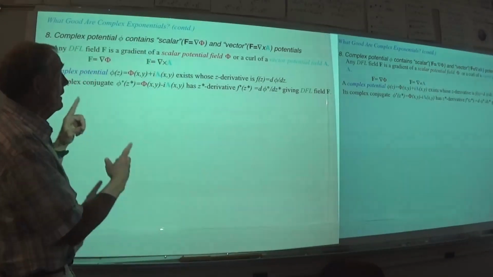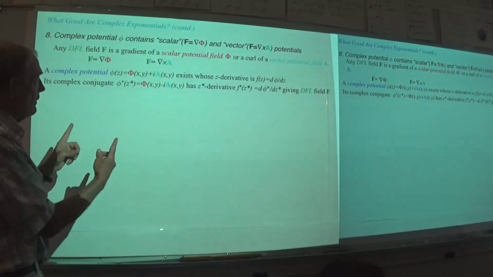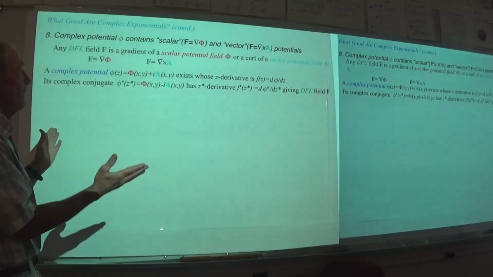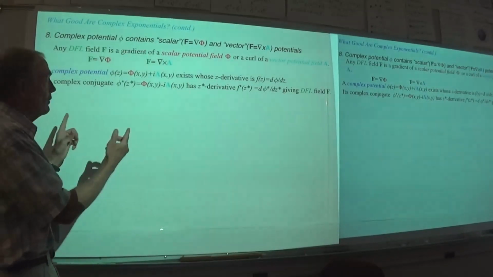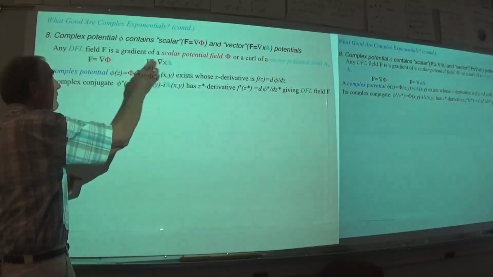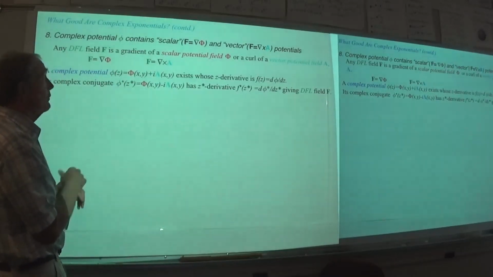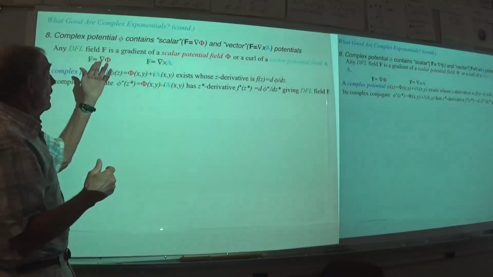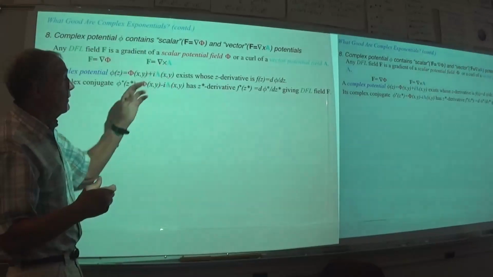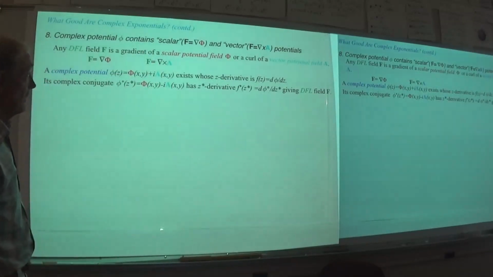And you can use either one or both, or any combination where the coefficients add up to 1 of these two to, through gradient and curl, get the original field vector back.